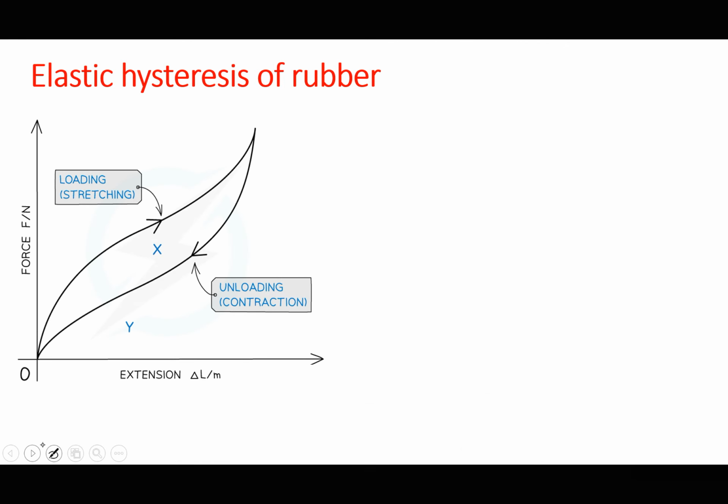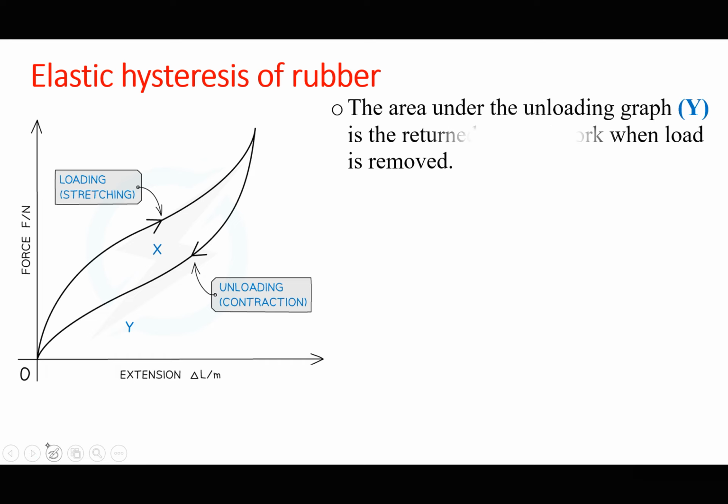So to understand more about elastic hysteresis, the area under the unloading graph, that is Y, is the returned work or the returned energy when the load has been removed.